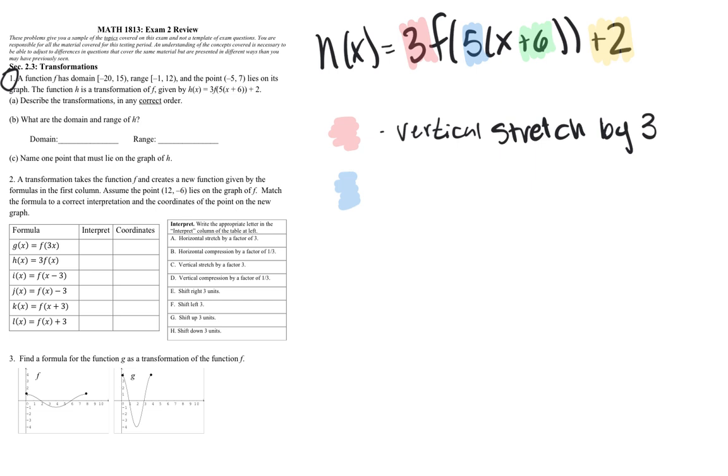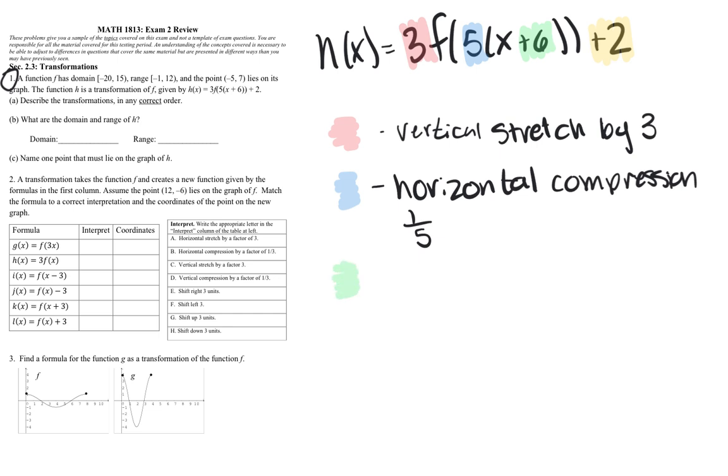Remember, everything on the inside is kind of opposite of what you may initially think. And so we have a horizontal compression by a factor of 1/5.